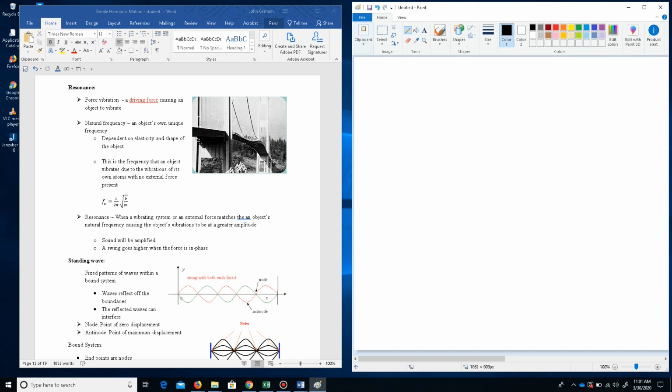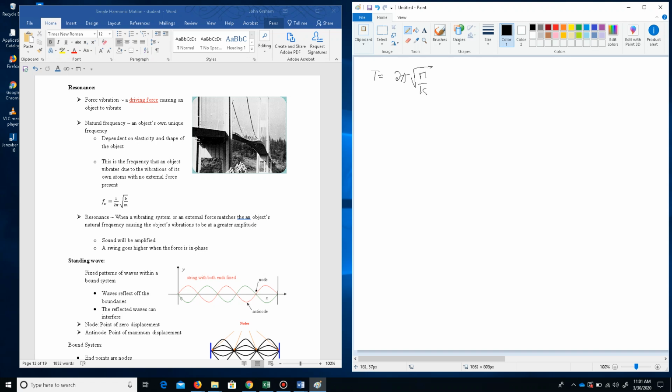Alright, so with resonance, because the period of some object is 2π√(m/k).